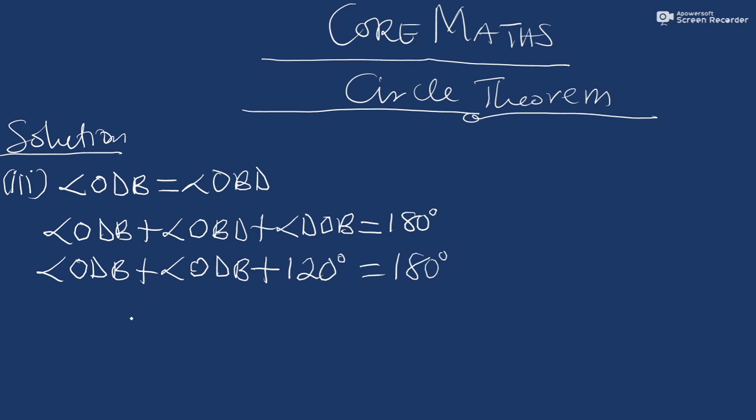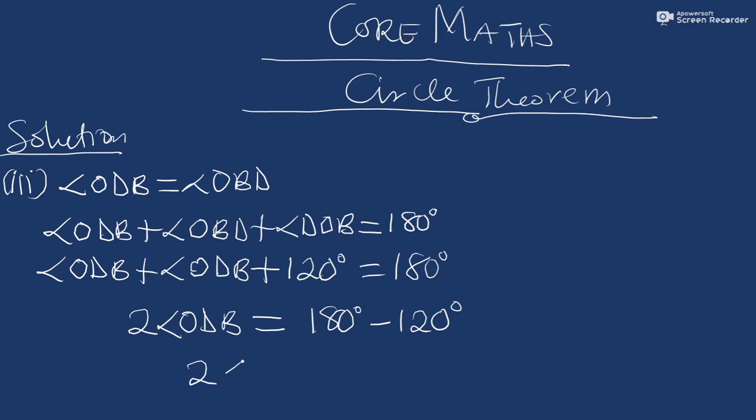So this will give us 2 angle ODB, and it will be equal to 180 degrees minus 120 degrees. So we have 2 angle ODB equals, when we subtract, we'll get 60 degrees.